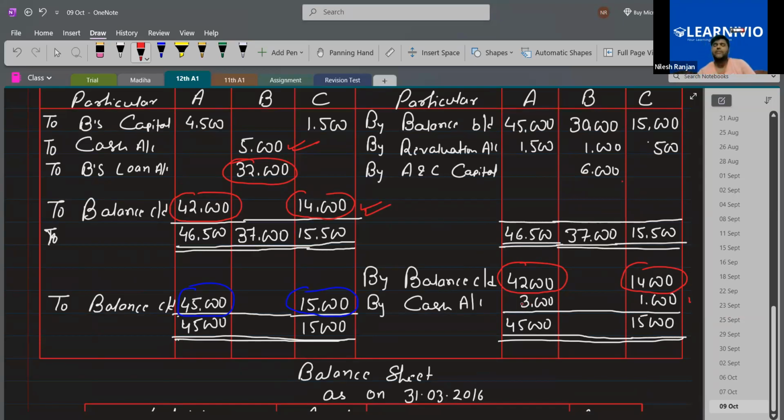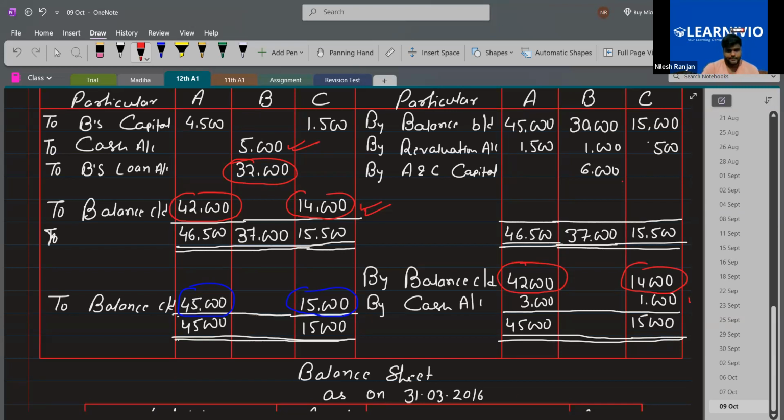In some questions, it will be said to transfer the difference into current account. So in that case, you have to transfer the difference into current account, not in cash. Okay. Okay, sir.